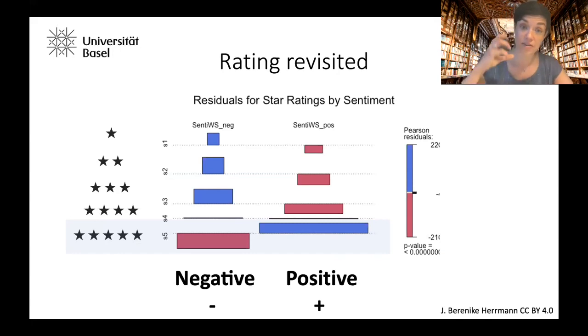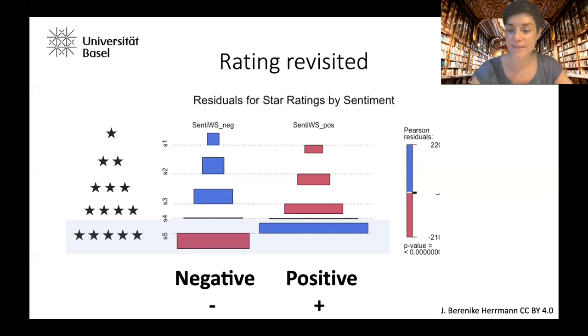Which is what one would assume, right? 5-star ratings should mean that people have a very positive evaluation of the books that they judge. And vice versa, the positive words are really overrepresented. But what happens here is that the negative words for every other star category are overrepresented, mirrored by the underrepresentation of the positive words.